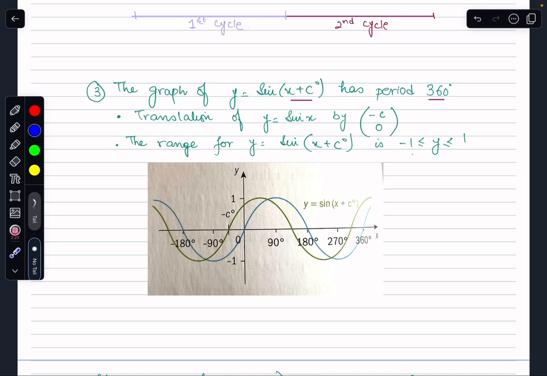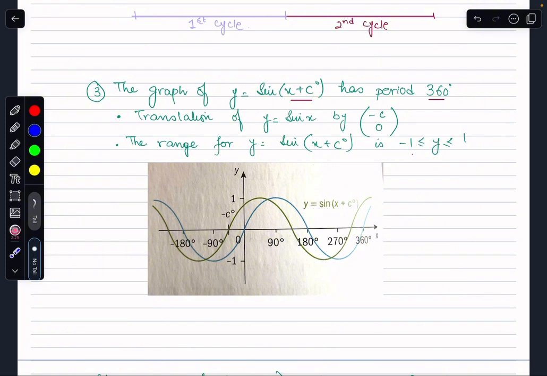So what we see here is that we have the basic sine graph in blue, for which sine of 0 is 0, sine of 90 is 1, sine of 180 is 0, sine of 270 is minus 1, and sine of 360 is 0 here.